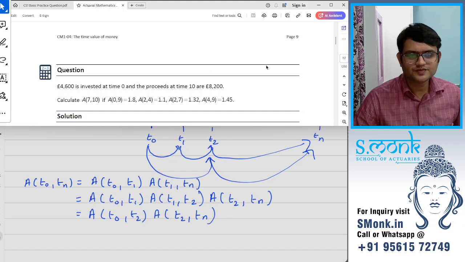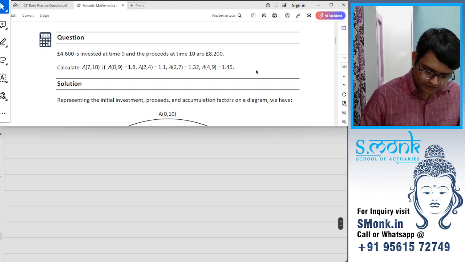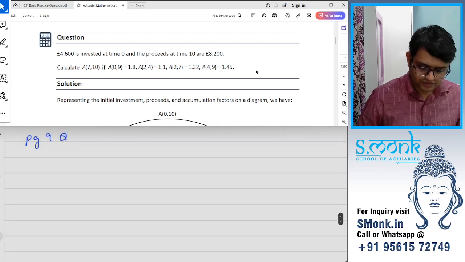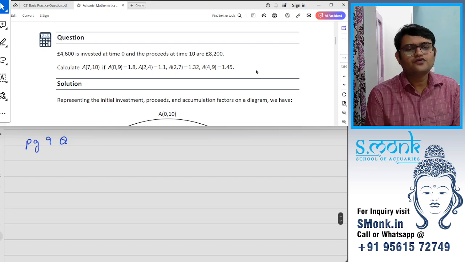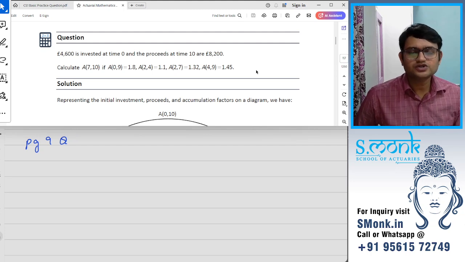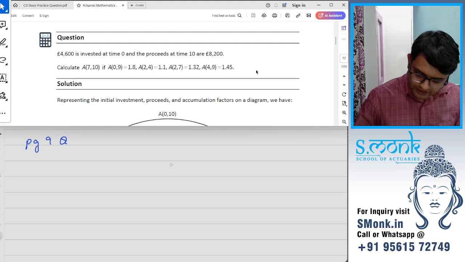If you want to write, this is a page number 9 question. Whenever we are writing a book question, refer to the page number of the question. So we have 4,600 invested at time 0 and the proceeds at time 10 are 8,200. Calculate the accumulation factor from 7 to 10 if the accumulation factors are given. First thing we'll do is mark down what accumulation factors are given to us.